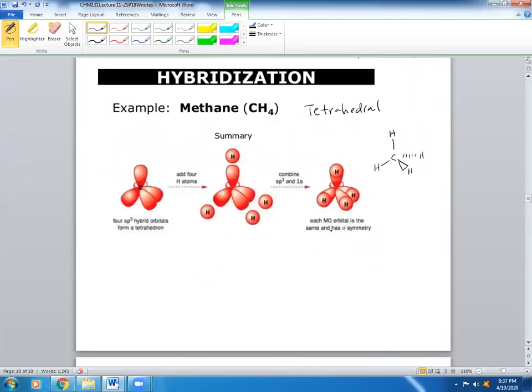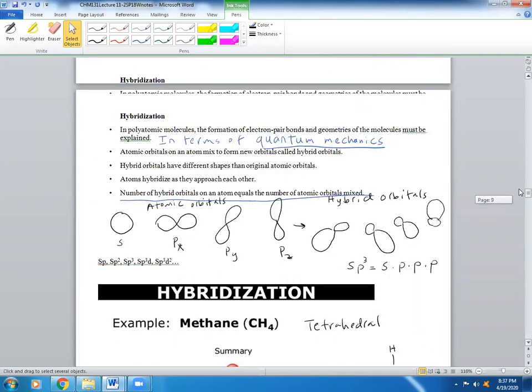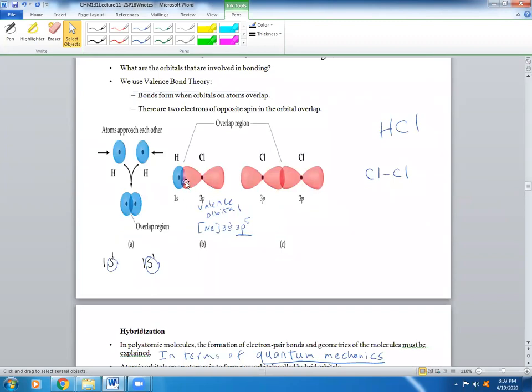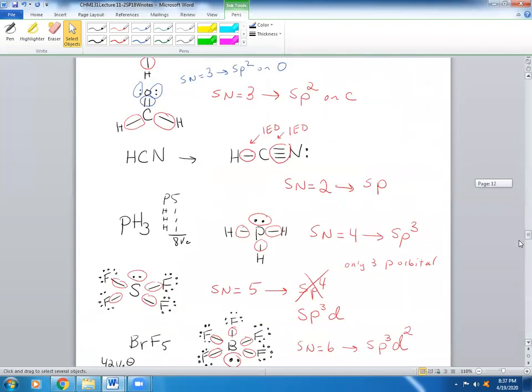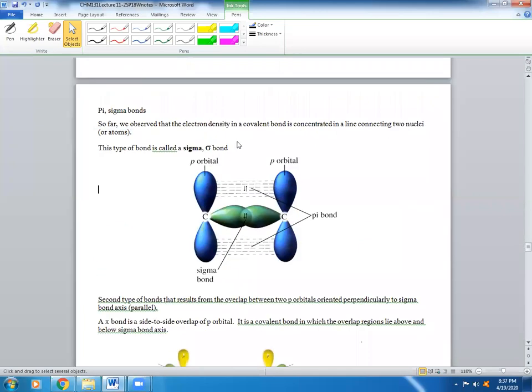See the bonding that is happening between the H 1s and the sp3 on methane. Or you can just look at this. Here it is. It's in the line between these two nuclei. This overlap. That's what we're talking about. Well, that is a type of bond that we call a sigma bond.